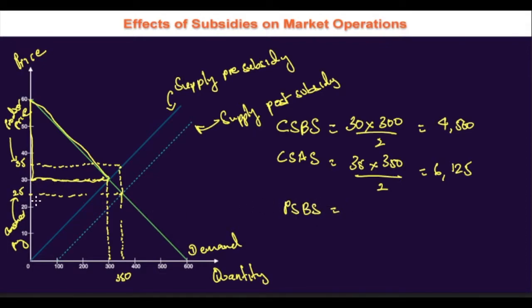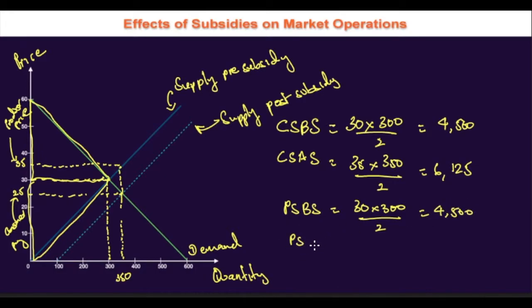So let's calculate the producer surplus before subsidy. Producer surplus is the difference between the price that they are willing to sell at, which was 0 in the beginning, and the price they are actually receiving, which was 30 rupees. So it is 30 minus 0, which is 30, into the quantity 300, divided by 2, which would be 4,500.